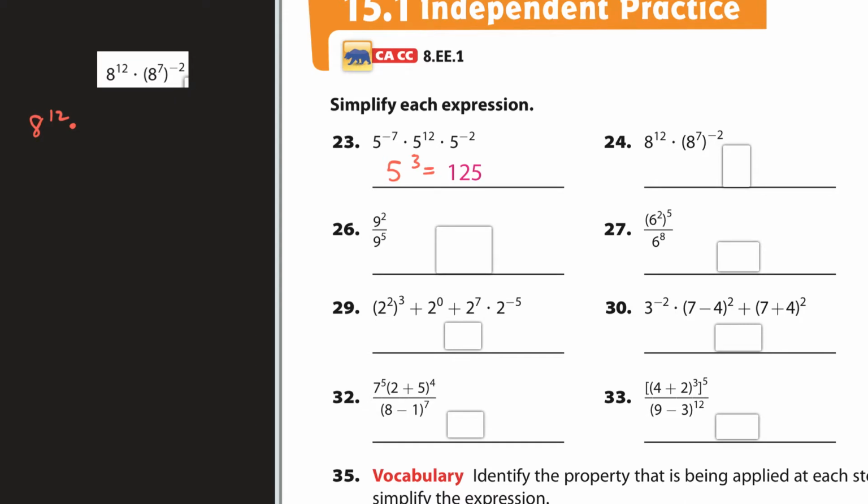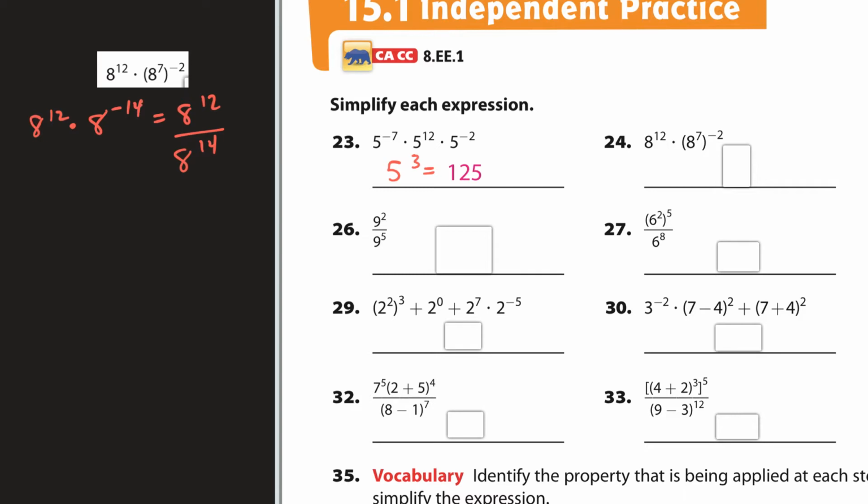It'd be 8 to the negative 14th. Now, this 8 to the negative 14th right here, I'm going to place that as a positive exponent into the denominator. So this is equal to 8 to the 12th over 8 to the 14th.